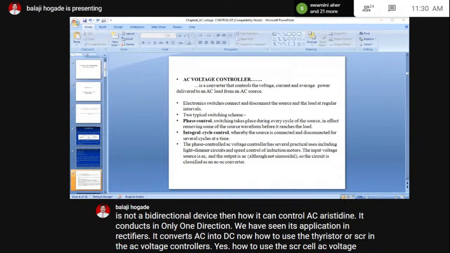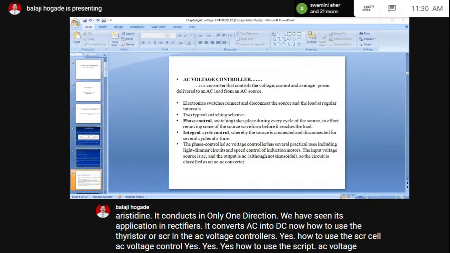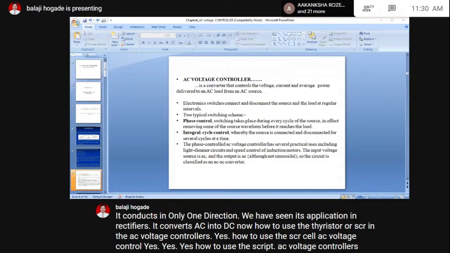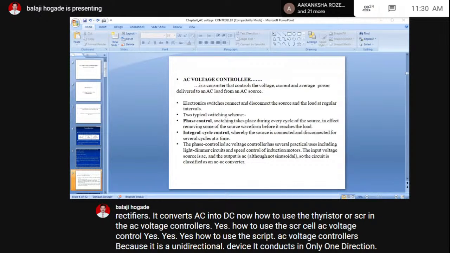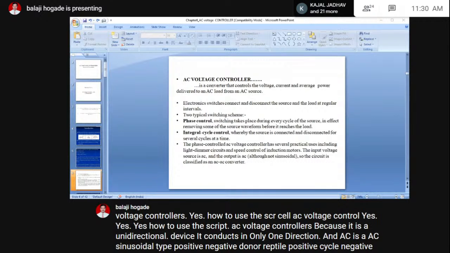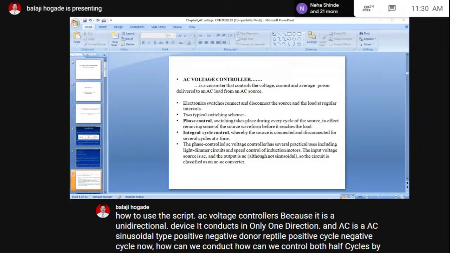Because it is a unidirectional device, it conducts in only one direction, and AC is sinusoidal, with a positive half cycle and a negative half cycle. So how can we control both half cycles by using the SCRs?